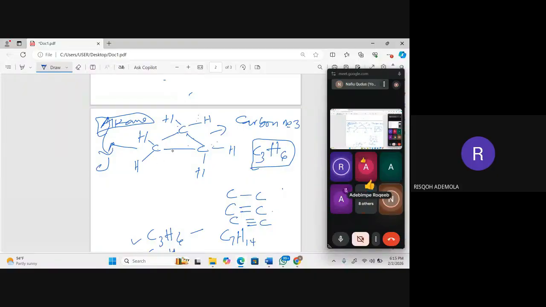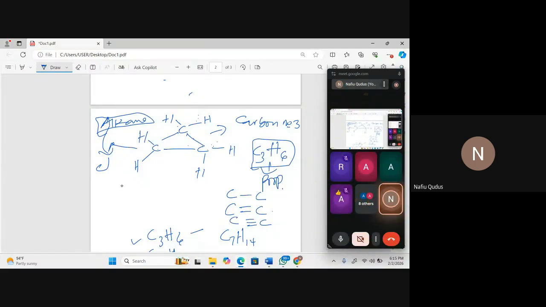In this case, this is carbon number 3, and when we have carbon number 3, it is prop, right? Whenever you want to name an alicyclic, you start with cyclo.